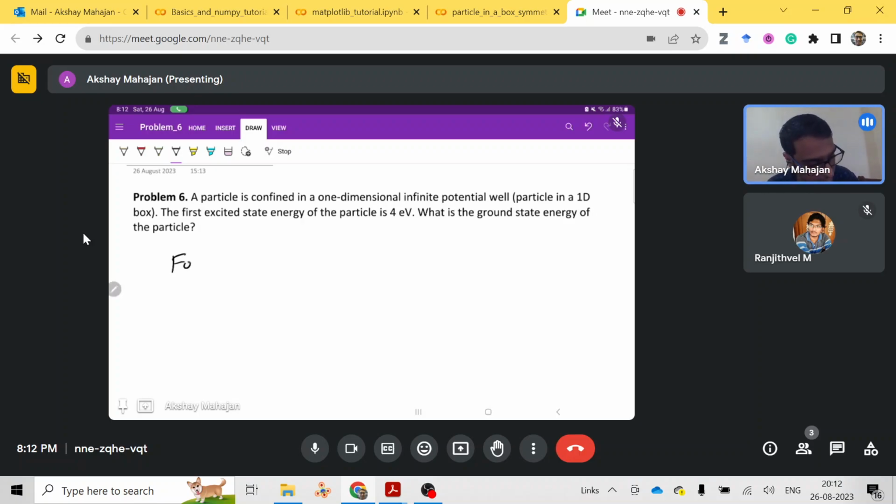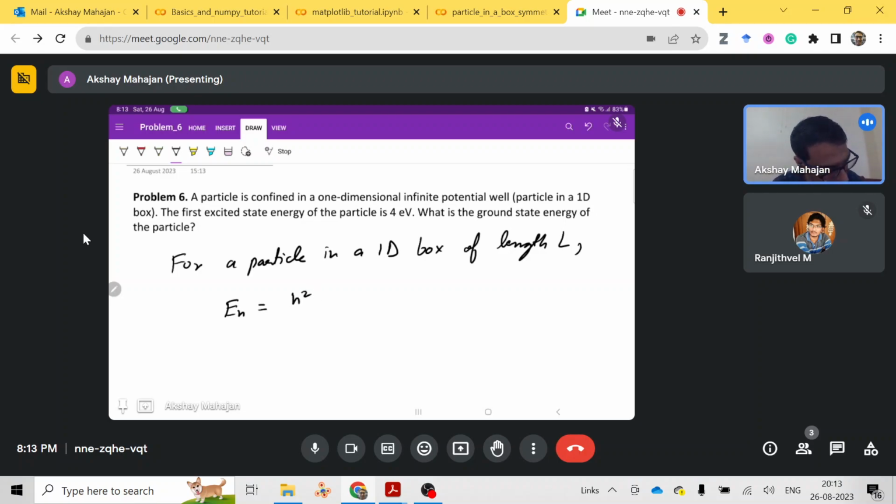For a particle in a 1D box of length L, the energy of the nth state, where n is our quantum number, is E_n = n squared h-bar squared pi squared by 2mL squared, which we can denote as n squared times E naught.